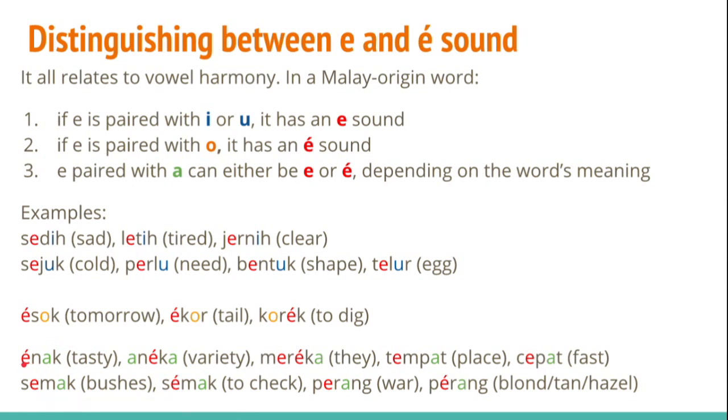For example, this is enak, this is aneka, mereka, tempat. This one is cepat. This is semak, and this is semak, and this is perang and perang. Look at the different meanings for these two words. In a typical Malay text, you would usually write semak without any mark, but the way you pronounce it, this one is pronounced semak.